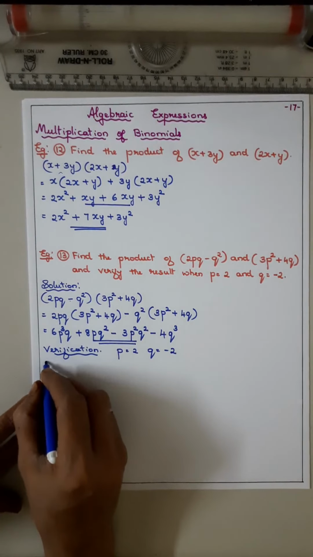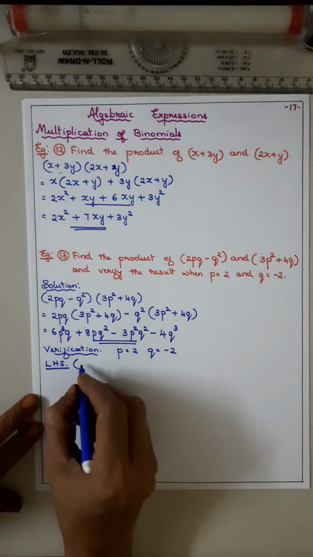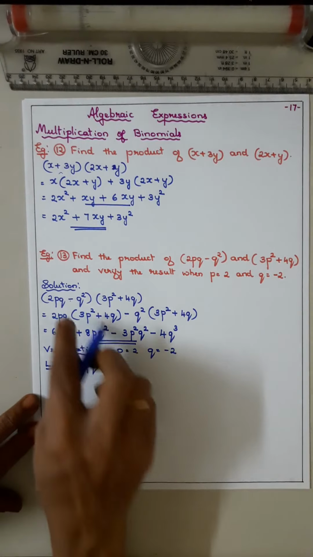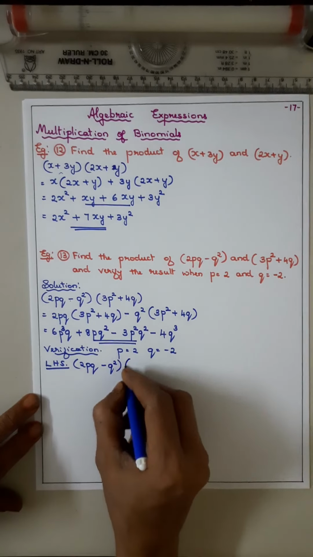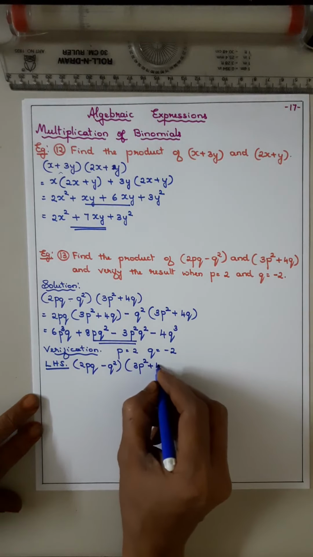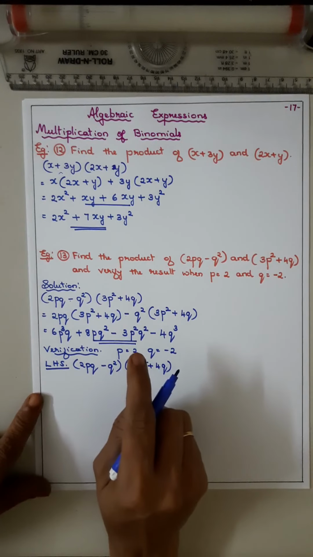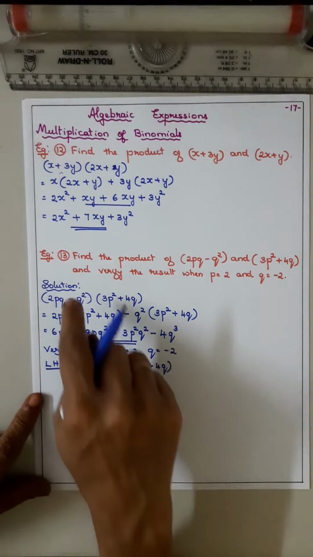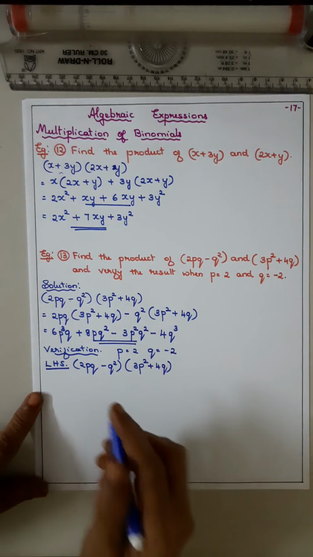Now LHS, that is the main question. What is it? 2pq minus q squared, bracket 3p squared plus 4q. Okay, write the question and check. 2pq minus q squared, 3p squared plus 4q.